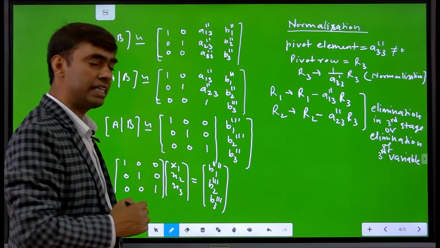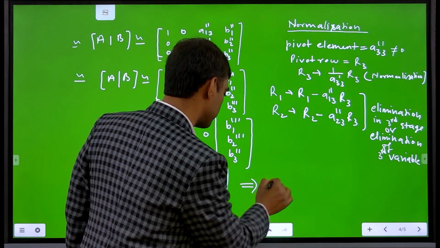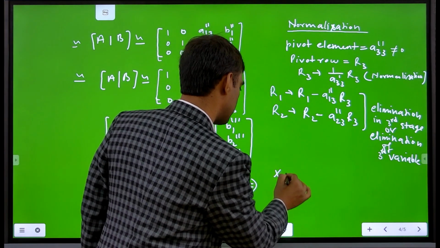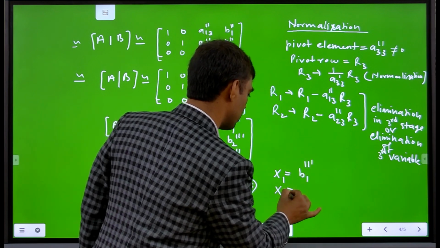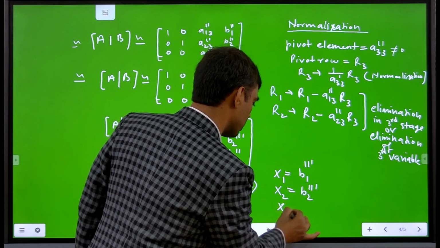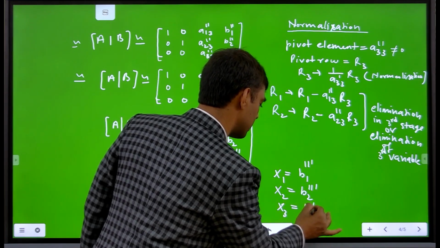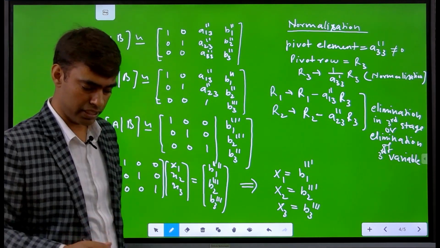So we directly write the solution after the elimination: x1 equals B1 triple dash, x2 equals B2 triple dash, and x3 equals B3 triple dash. This is the Gauss-Jordan elimination method.